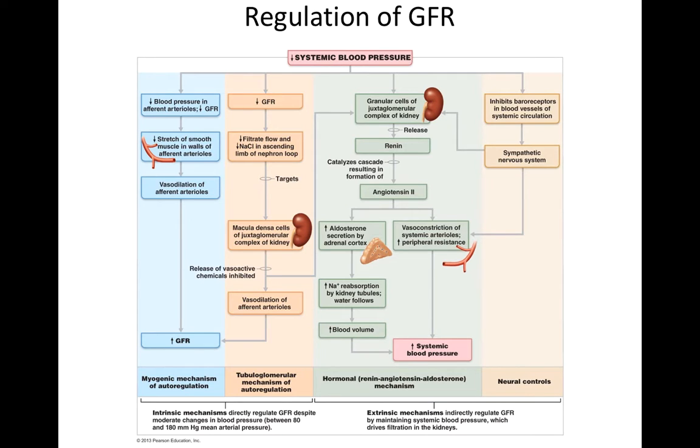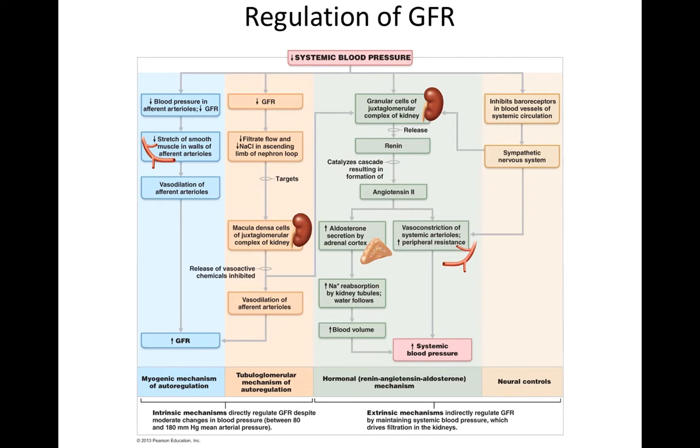We already know that the afferent arteriole is bigger than the efferent. When it vasodilates, it gets even bigger. What we're doing here is compensating for the lack of pressure by increasing the volume that's moving into the glomerulus. The kidney itself cannot change blood pressure. It cannot directly talk to the heart and change blood pressure.